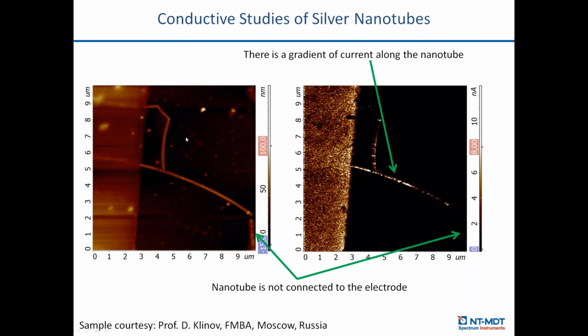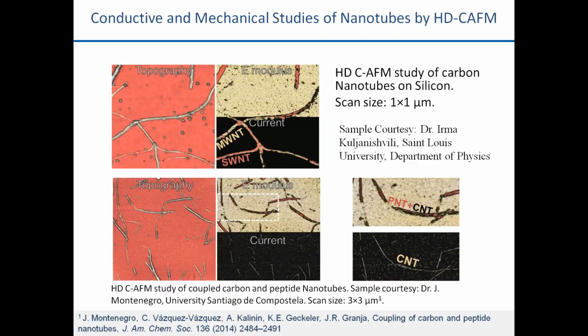You can see that only the tubes which are touching this contact can be seen in the conductive map on the right image. For example, this tube from the right bottom part is not seen here, and it's obviously not touching the contact. Moreover, we can see the gradient of current along the tube, which is pretty expectable.